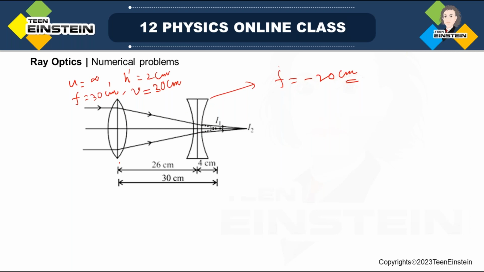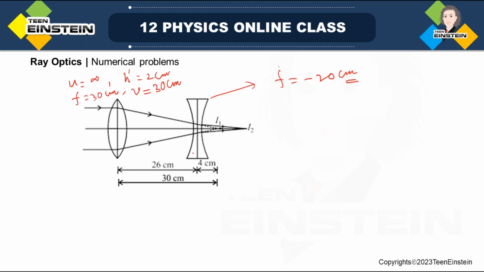It is placed in between the image formed by the convex lens, that is I1, and the convex lens, 26 centimeter away from the convex lens. So this is what is depicted in the figure. Now you have to find the size of the final image.